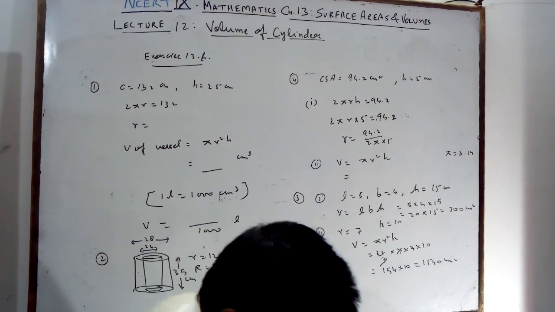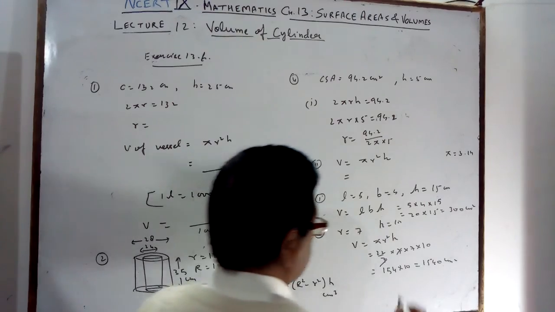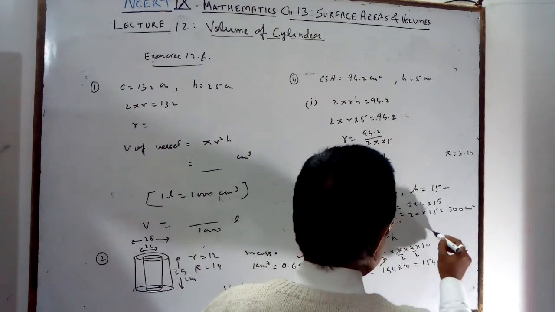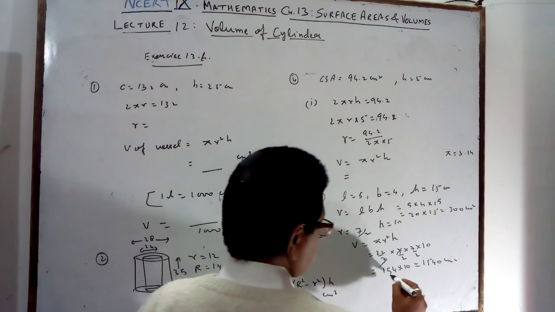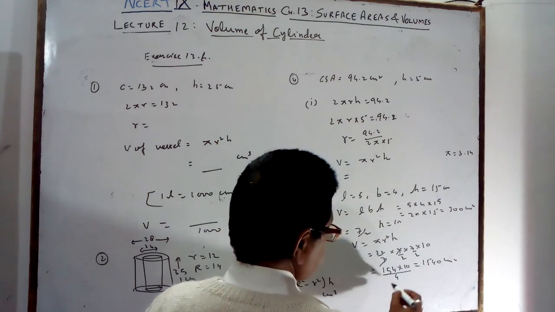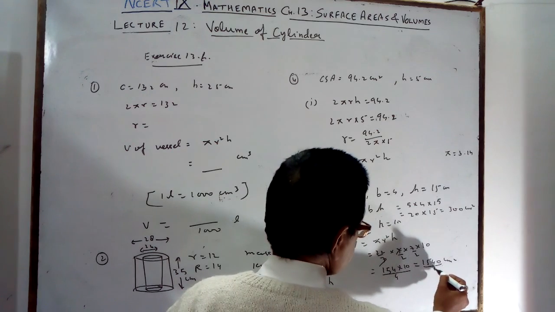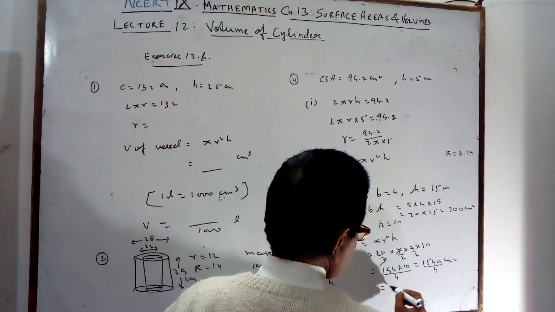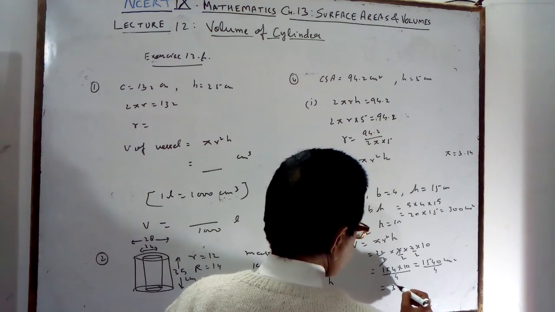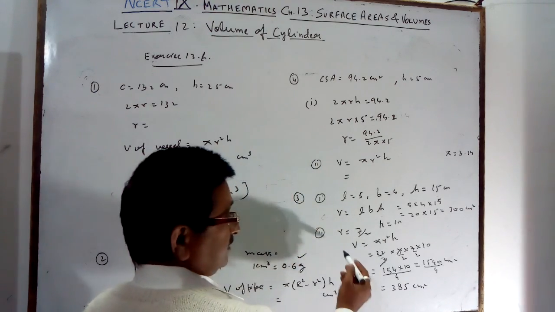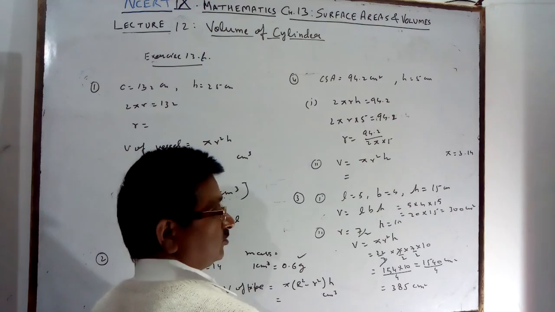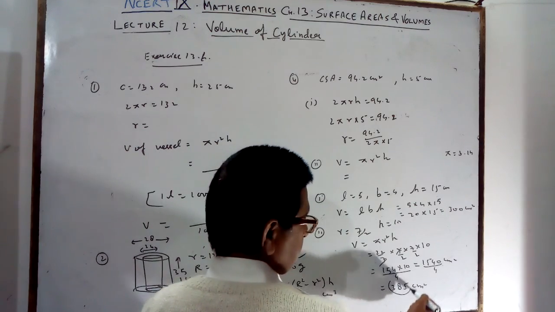Another is given 7 centimeter as a diameter, so radius is 7 by 2, and here you get 385 centimeter cube. So which is greater? Cylinder is greater than the cuboid. You are getting this part is greater than this.